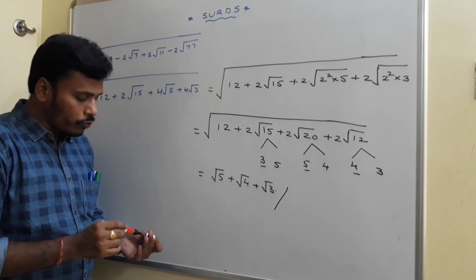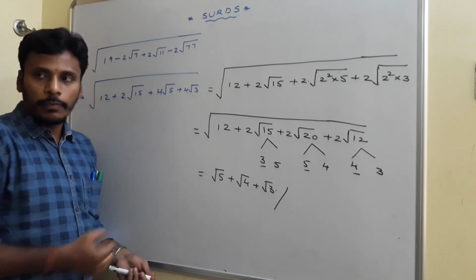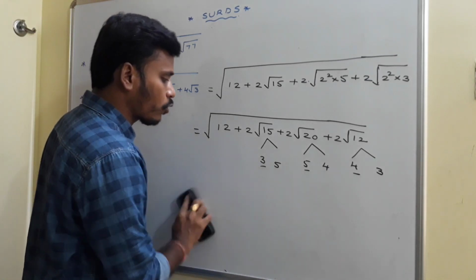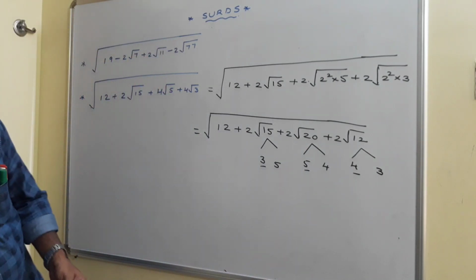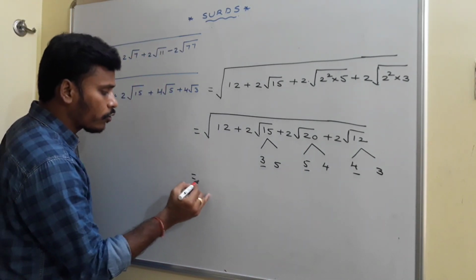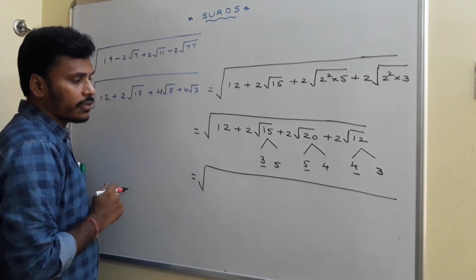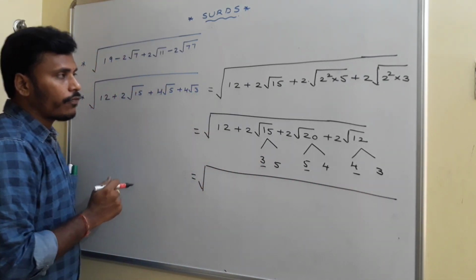Then if you wish to write a few more steps related to this answer root 5 plus root 4 plus root 3, what I will do? Just look here. I will start here for the space concern.